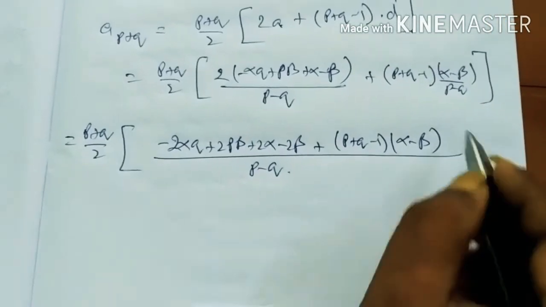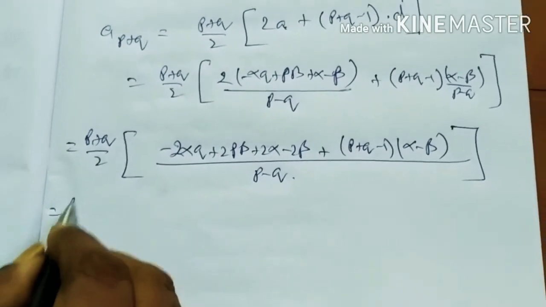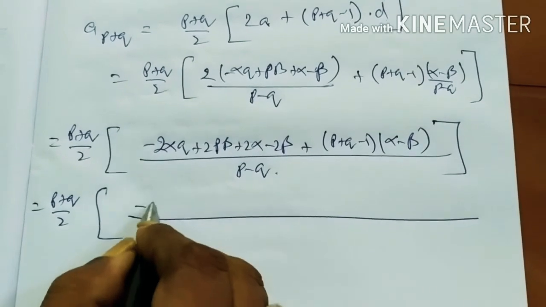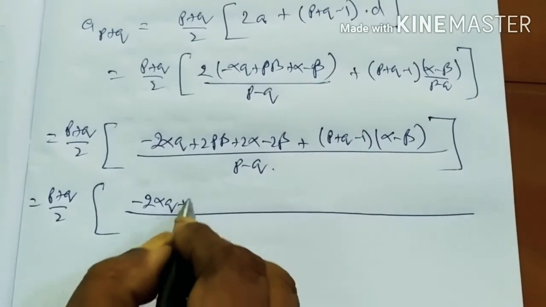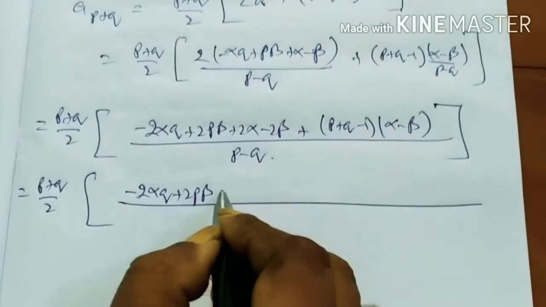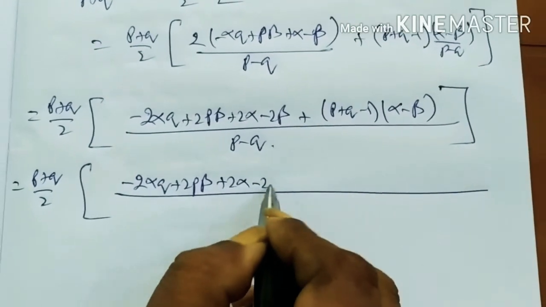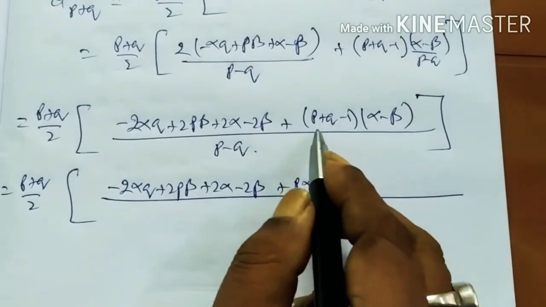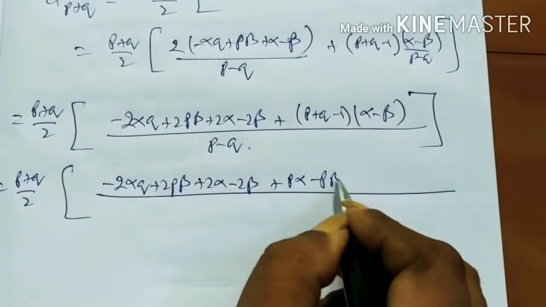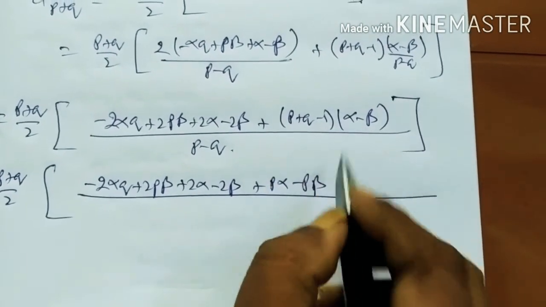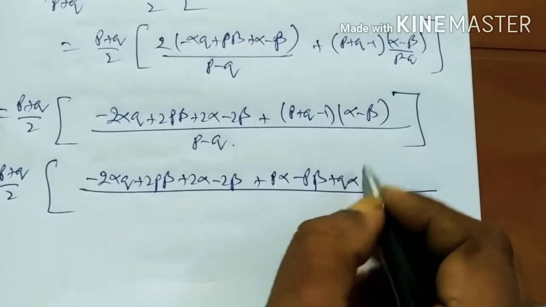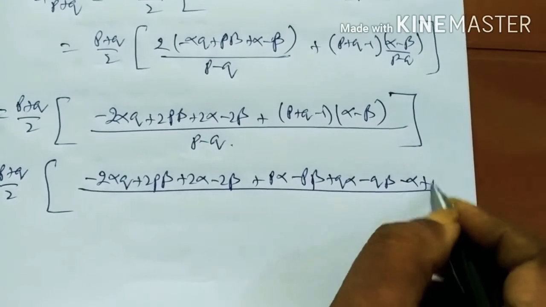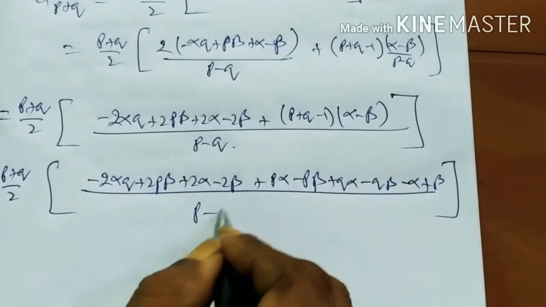I am going to further simplify it, that is (p plus q) by 2, this is minus 2 alpha q plus 2 p beta plus 2 alpha minus 2 beta. Now this is p alpha minus p beta. Similarly, plus q alpha minus q beta minus alpha plus beta, over p minus q.